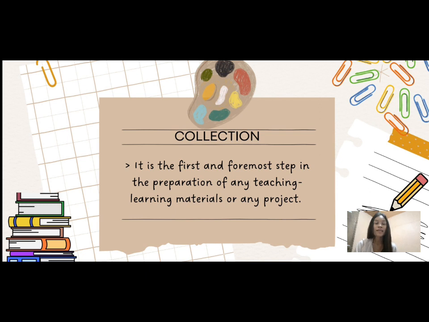So for us to know our main goal or main objective, we must first collect data from our potential respondents. For example, we have respondents who are students with disability. So we have to gather data as to what they feel, that they are special. They are students with these disabilities.